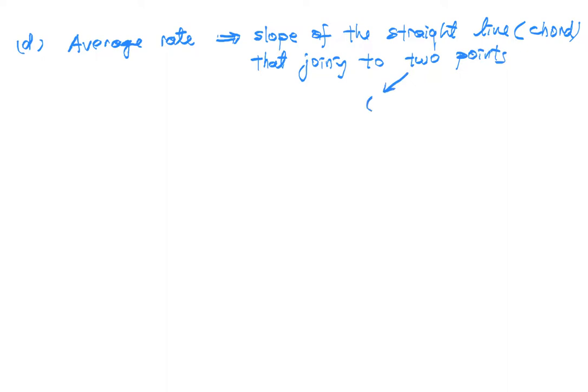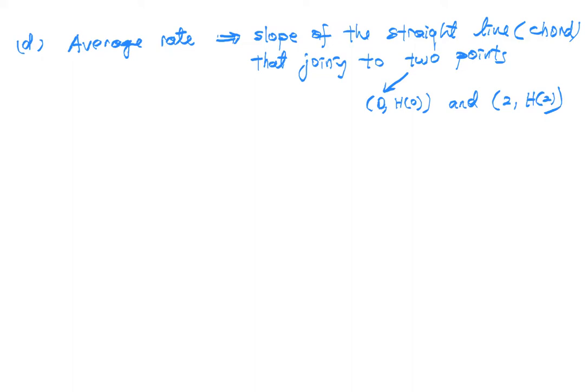So you have 0, H(0) and 2, H(2). That is called average rate of change. So you have those 2 points.